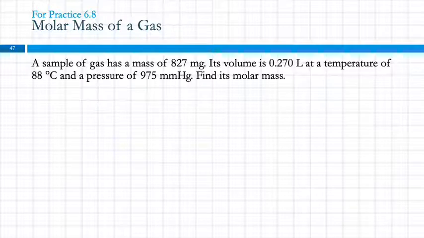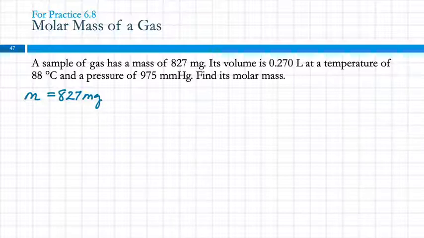A sample of a gas has a mass of 827 milligrams. Its volume is 0.27 liters at a temperature of 88 degrees Celsius and a pressure of 975 millimeters of mercury. Find its molar mass. Well, let's pull out this information. 827 milligrams. What's that? It's mass, right? So that's the mass.